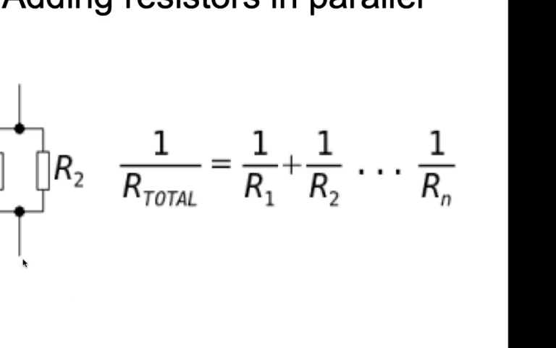If we break this up and think about it, as our current is flowing in, it is going to split half and half. Now instead of the full current going through both of these resistors, we have half of the current going through one of them.